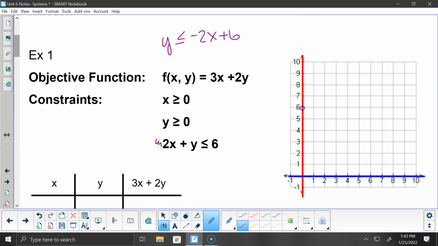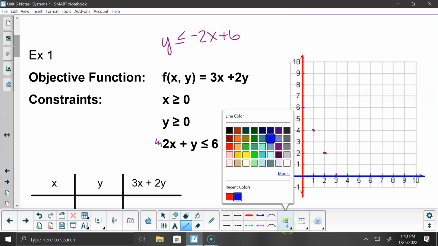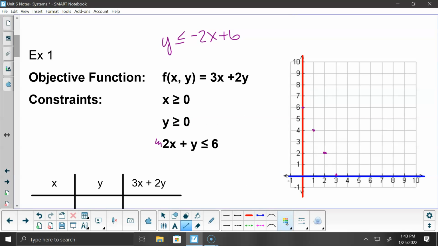So I can go up here at 6, down 2 over 1, down 2 over 1, and now I can fill it in with my little line. Purple. Now, did we say that one is less than or greater than? Less than. So the entire shaded region that I'm really focused on is right in here, this triangle.